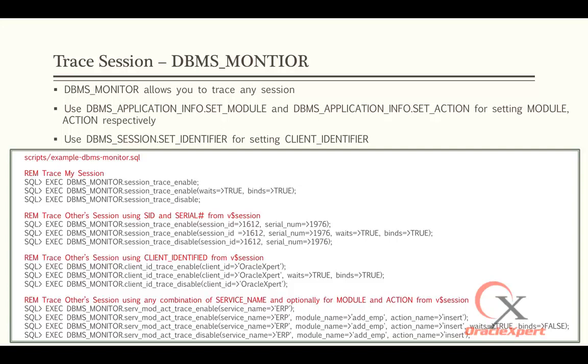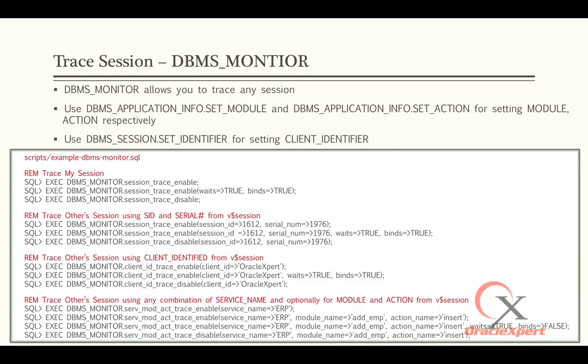Now these are some of the best development practices developers should follow, that whenever they connect to the Oracle database for doing something, they should identify their module, they should identify their action.